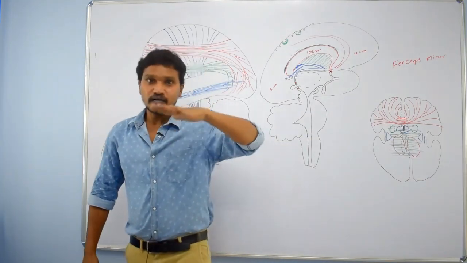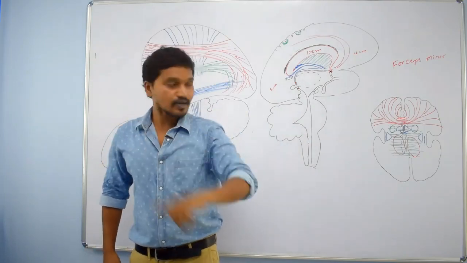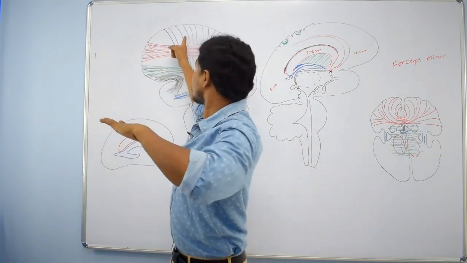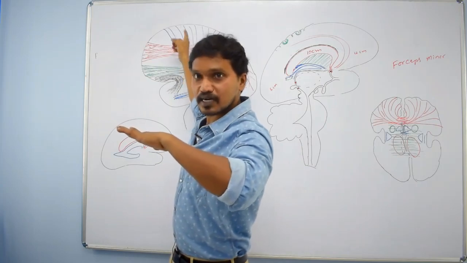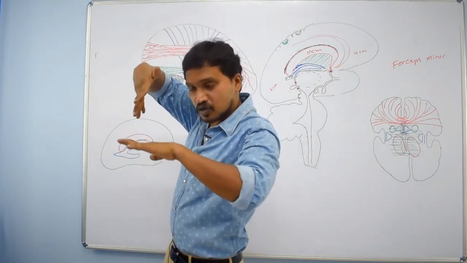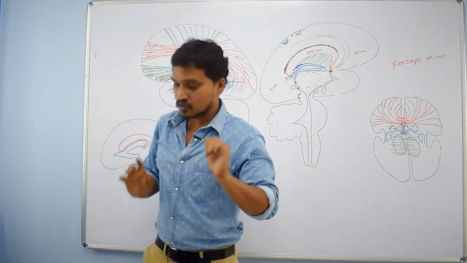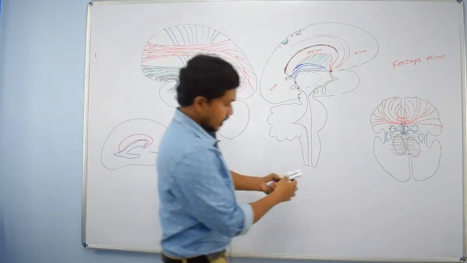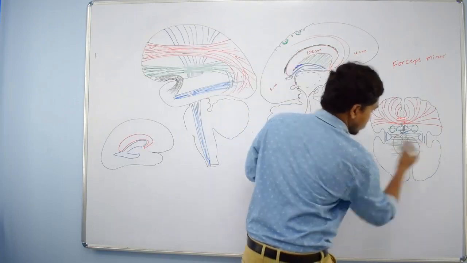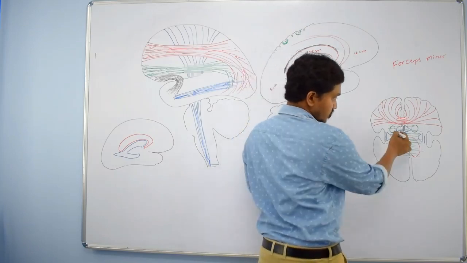See here, these truncal fibers, the fibers passing through the trunk of the corpus callosum, pass horizontally like this, and the corona radiata fibers and internal capsule fibers pass downwards like this, right? So these fibers and these fibers intersect with each other. Understood? So now I am drawing here horizontal fibers and some intersecting fibers. Some fibers are intersecting, no? Those fibers I am drawing here.